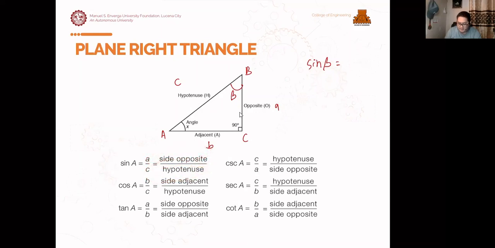So ang opposite ni beta, ito si beta, opposite niya is ito, si B. Okay? Then hypotenuse natin ay si C. Na iba siya sa value ng sine alpha, na ang opposite niya ay A, and then ang hypotenuse natin ay C. So you have to be careful with that.